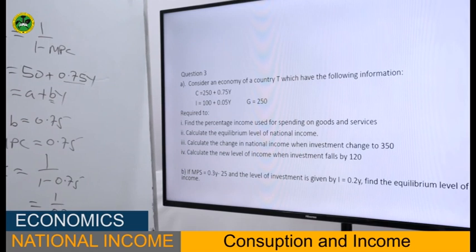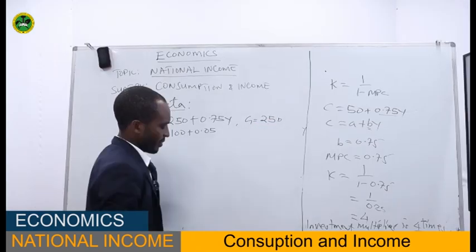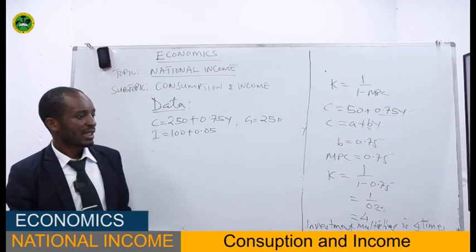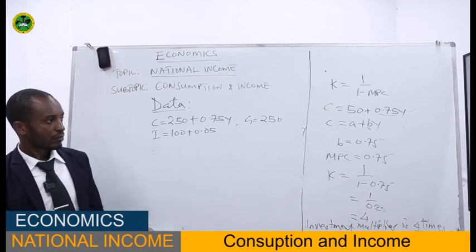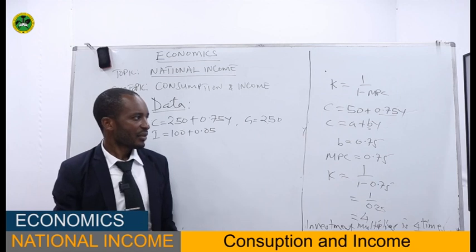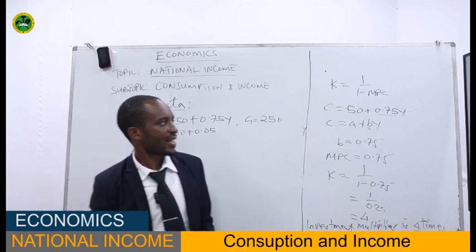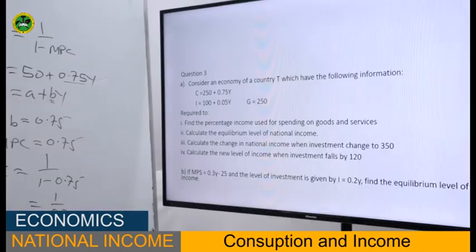Also, we are given G, which is 250. Now this economy has a household sector, a private sector or firm sector, and a government sector. So we have three sectors.